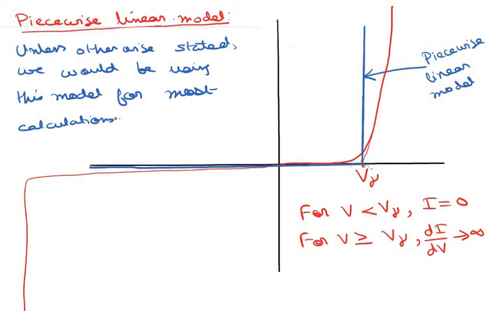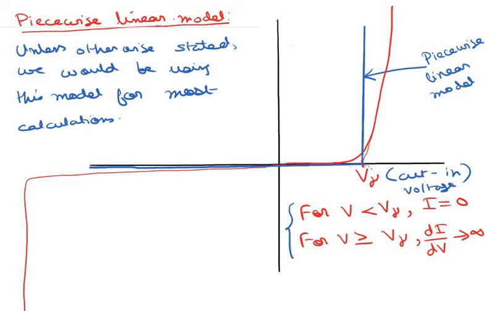calculations. And these two equations mathematically tell us that if the voltage across the diode is less than the cut-in voltage, then the current is 0, and if the voltage across the diode is greater than or equal to the cut-in voltage, then the current increases at an infinite rate with the applied voltage.